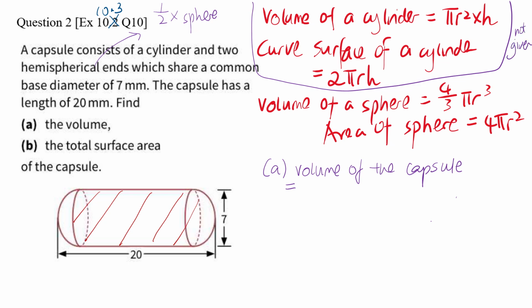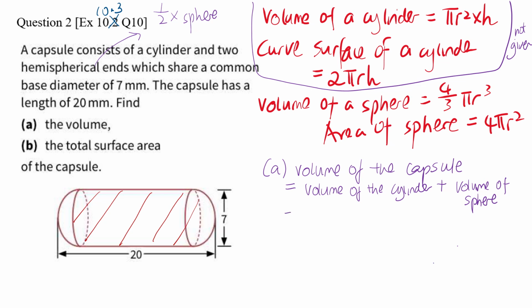Volume of a cylinder and curved surface area of a cylinder. I'm not too sure why. So anyway, the volume of the capsule will comprise the volume of the cylinder plus, because just now we mentioned that the two hemispheres will add up to become a sphere, plus the volume of the sphere.